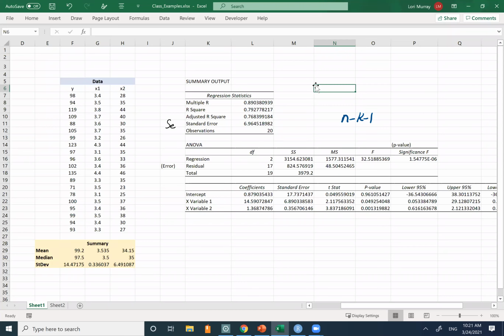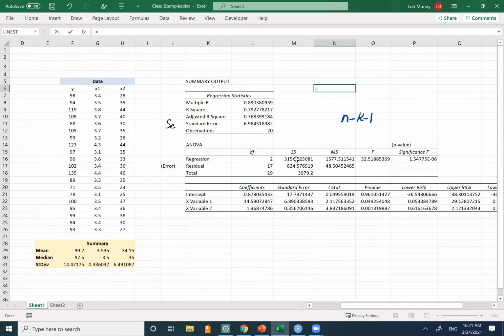The mean square for the regression is the same as the MSR because it's tied in. You can think of it as just using similar formulas. So let's look at this. If we take this value here, I'm going to go equals. Whenever you're working with Excel and using it like a calculator, you always want to put an equals first in the cell.